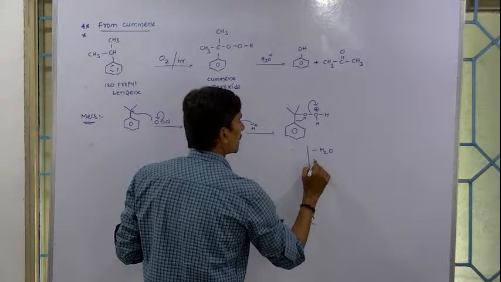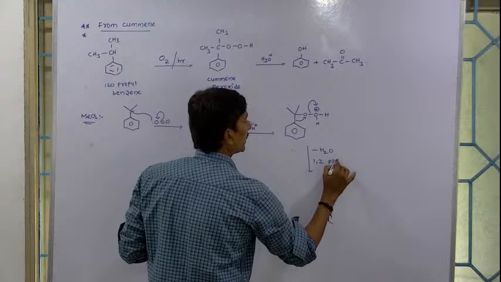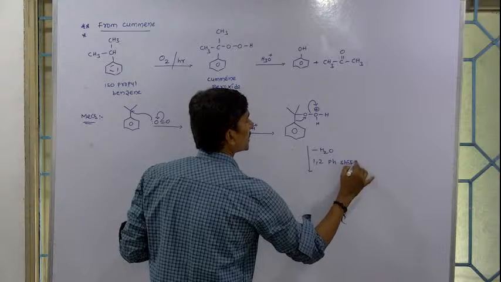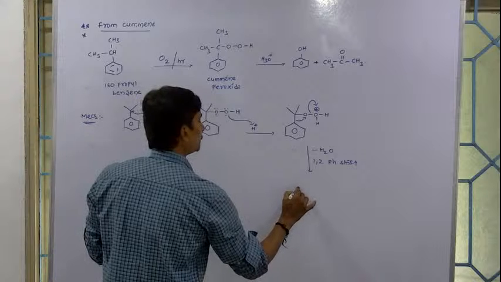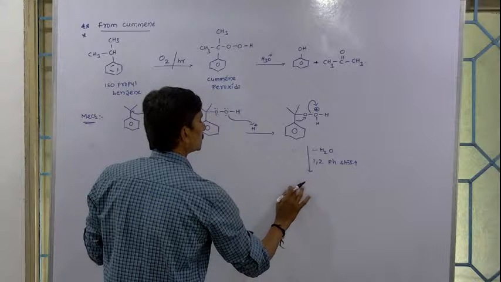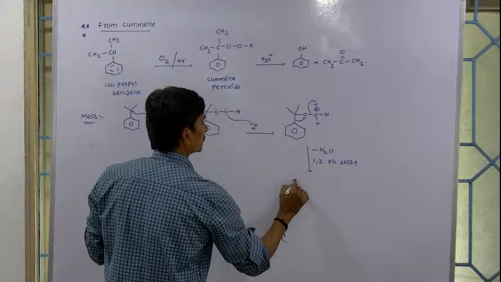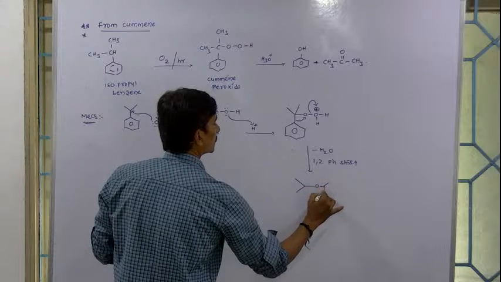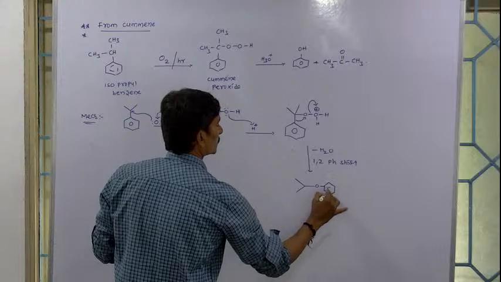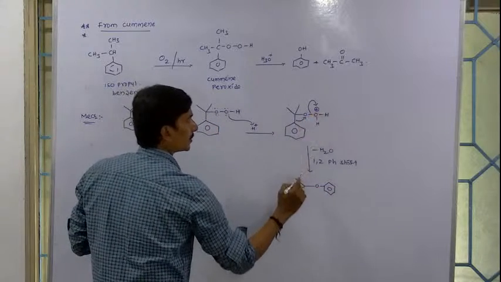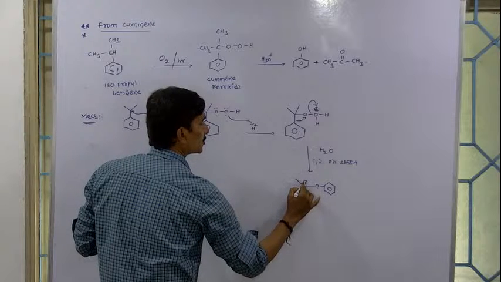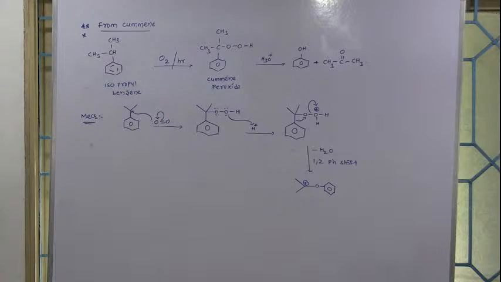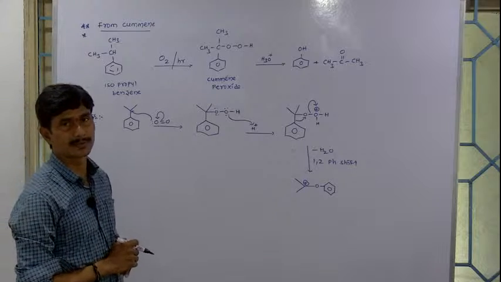It undergoes Wagner rearrangement, that is, a 1,2 phenyl shift takes place. After shifting of this group, the carbon acquires a positive charge. That is now a 2-degree carbocation with 6 alpha hydrogen atoms.